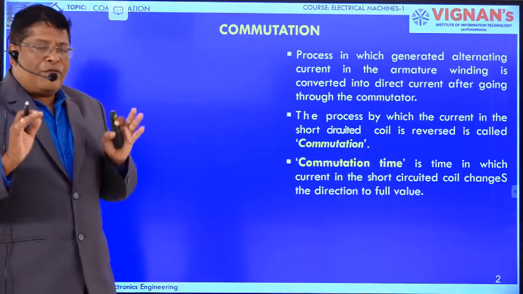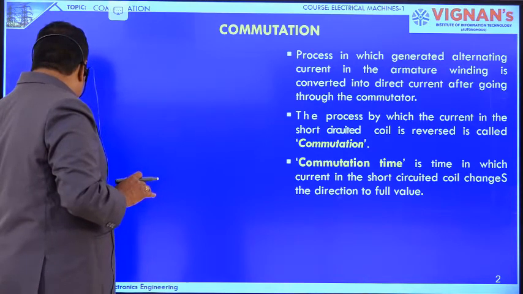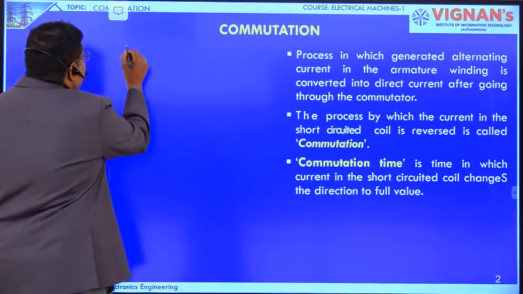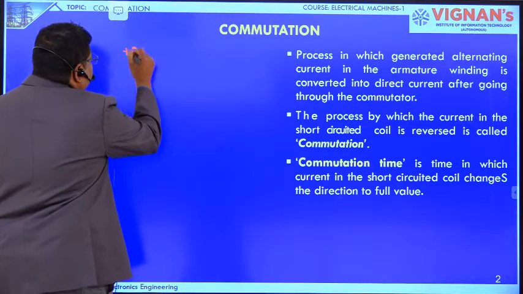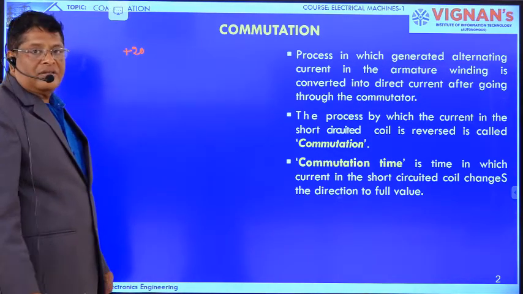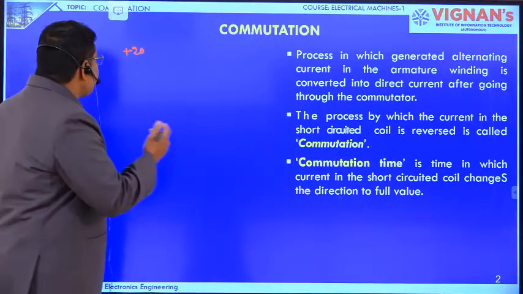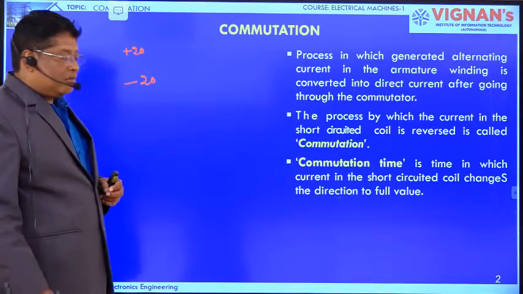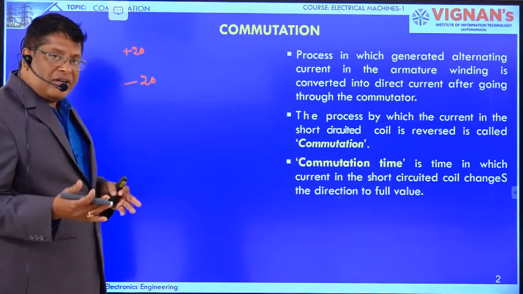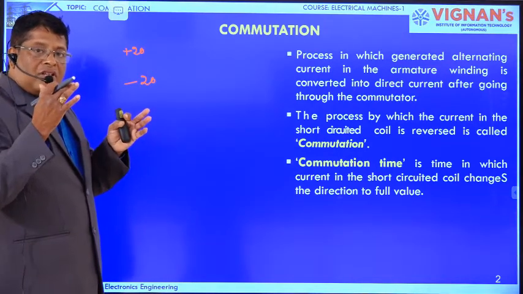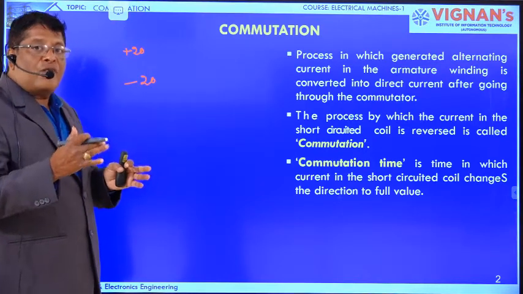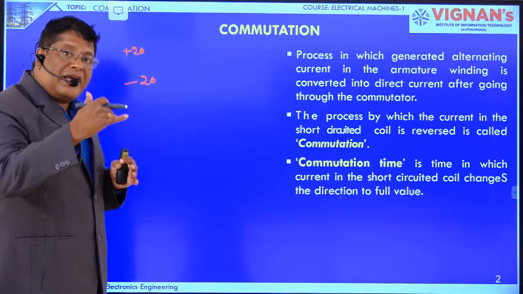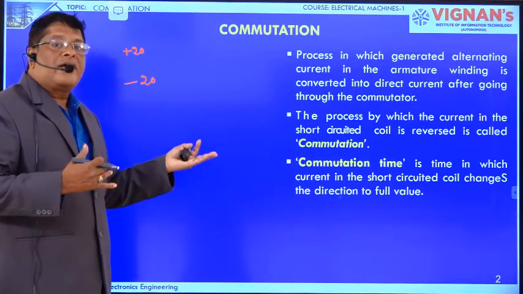Suppose before the commutation, the coil is carrying a current of plus 20 amperes. After the commutation, the same coil is carrying minus 20 amperes. Once the commutation is over, the same coil is carrying a current of 20 amperes, with the direction of the current in the coil reversed compared to the previous.